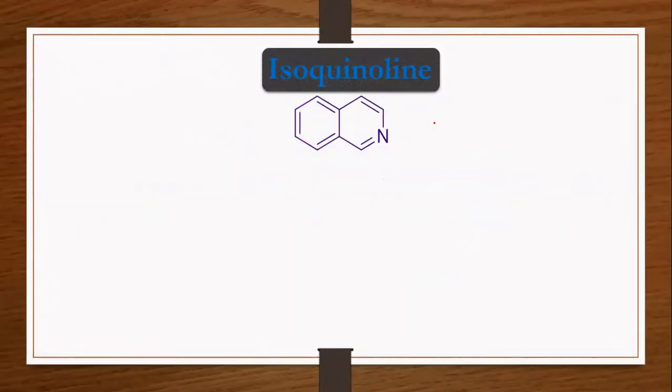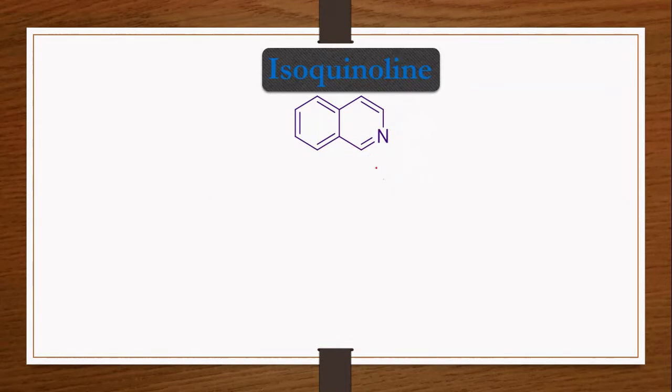Now we will take the information of isoquinoline. In case of quinoline, here is a carbon and here is the nitrogen. But in case of isoquinoline, the position of nitrogen is slightly changed.